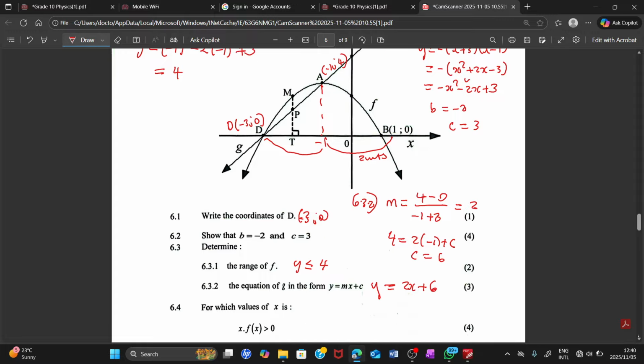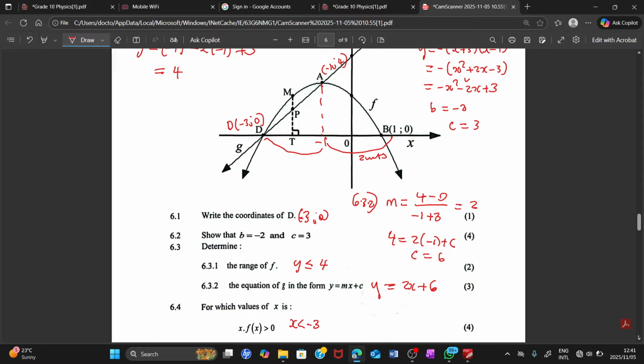Okay, so now let's go to the next one. For which values of x is x times f of x greater than 0? You're looking at that part. What do we do here? It's easy. You're going to just check where x is positive and f of x is positive, or where these two are both negative. So the first answer will be x is less than minus 3. That's when both of them are negative.